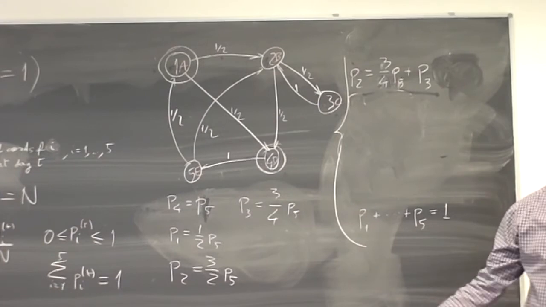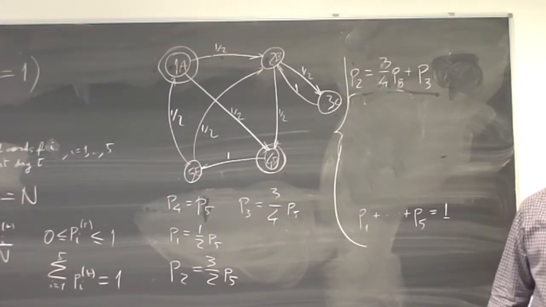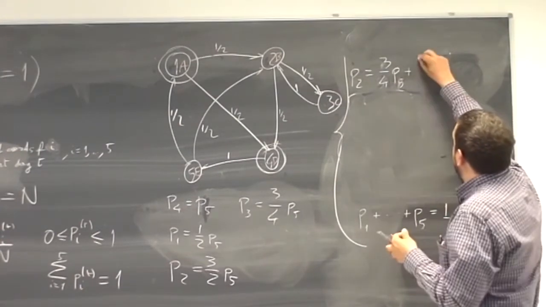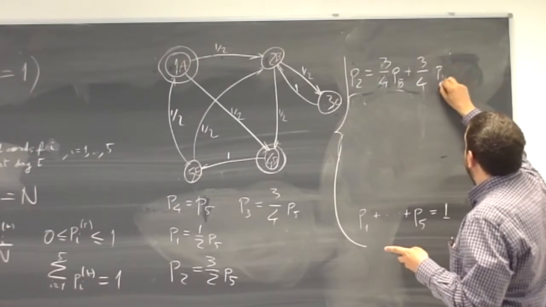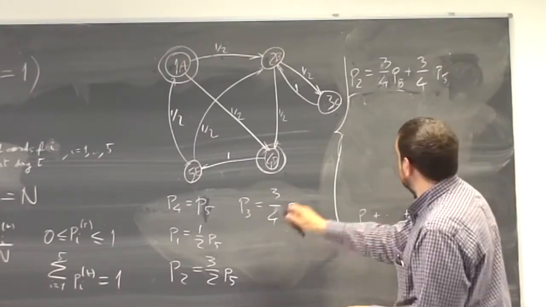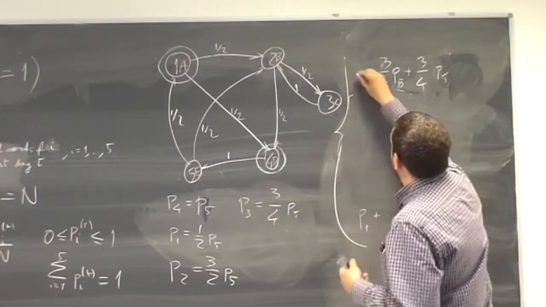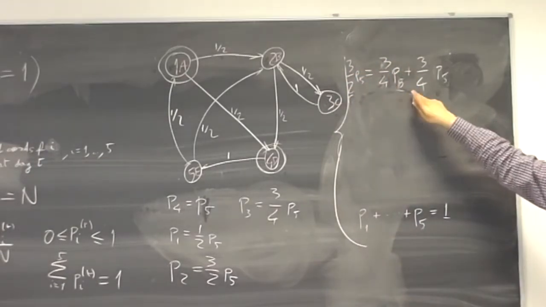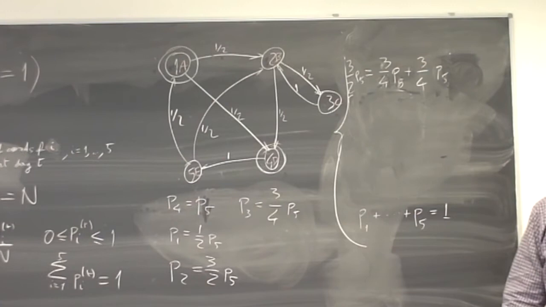It can be a check that you make to be sure that everything worked out. So for example, here P3 is 3/4 P5, and here P2 is 3/2 P5, and of course 3/2 P5 equal to 3/2 P5, so it works out.